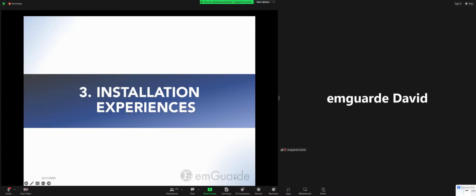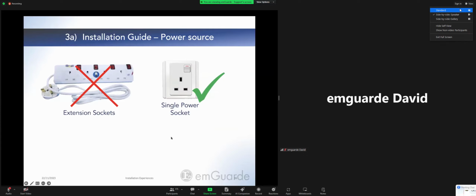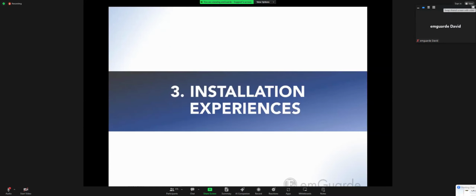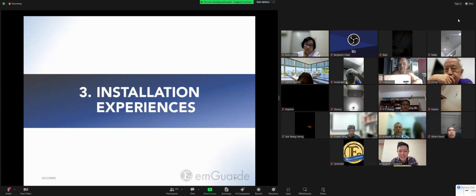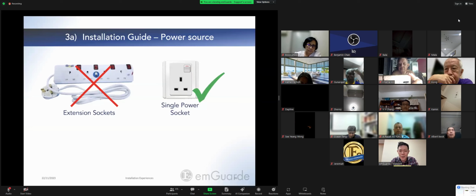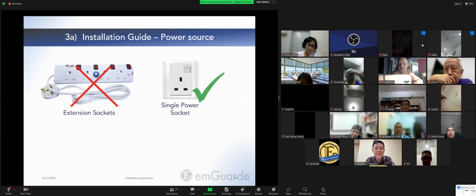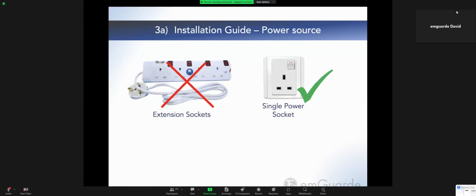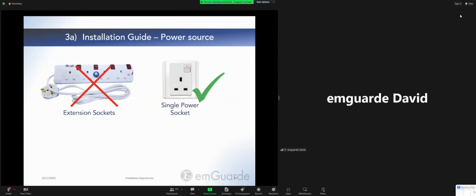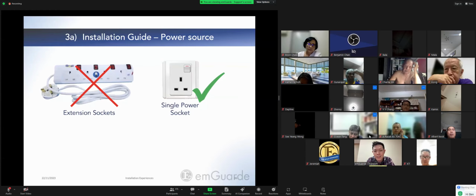So today I will carry on, sharing some installation experience on some technical terms. Okay. So the first question is the installation guide. Some of the clients who bought this emGuarde try to install it in an extension socket.